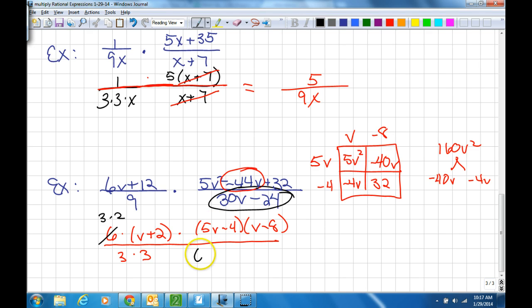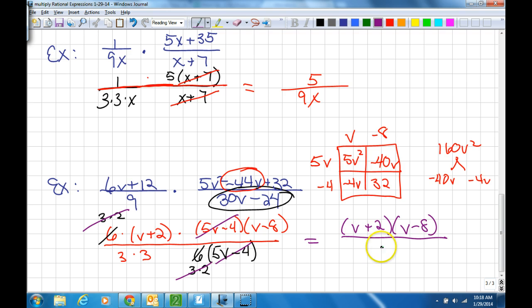So I'm going to take that 6 out, and I'm left with 5v minus 4. And notice there's a 6 here. I can factor down to 3 times 2 also. So what do I have in common? 5v minus 4 I can take out. What else? Yeah, I could take these out, this out. So is there anything else that can cancel? No. So I'm going to be left with v plus 2 times v minus 8 on the numerator. And on the bottom it's 3 times 3, which is 9.